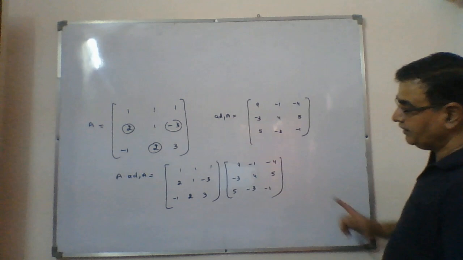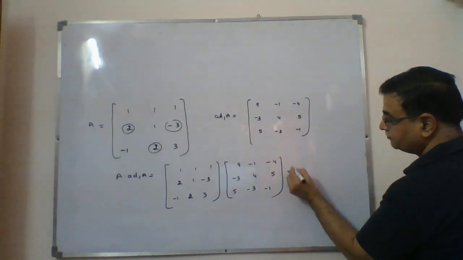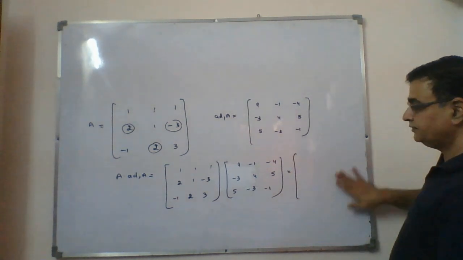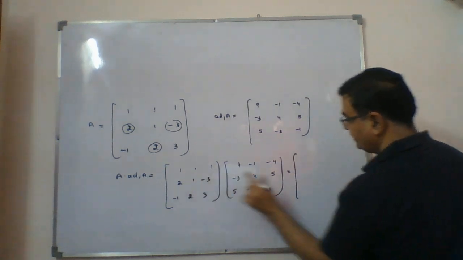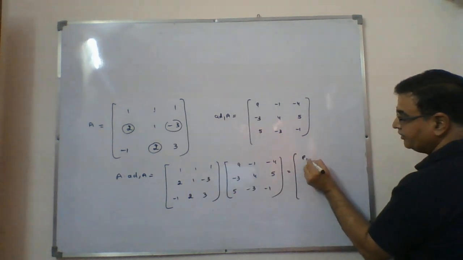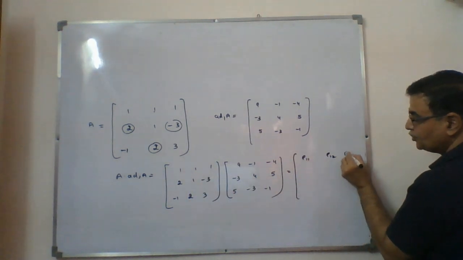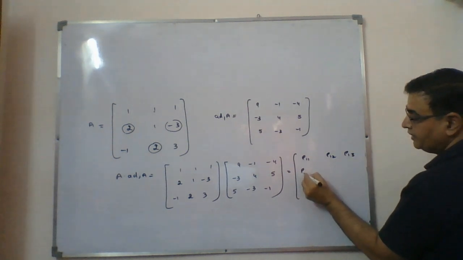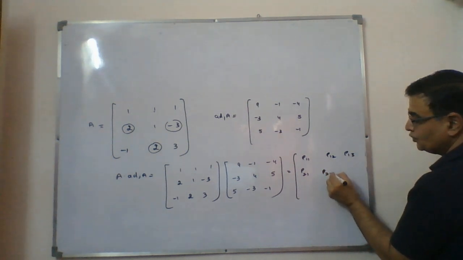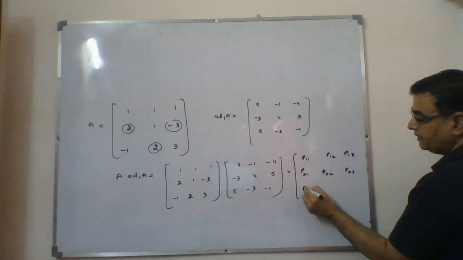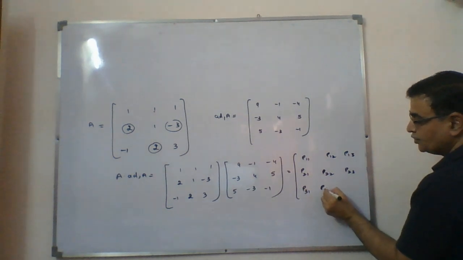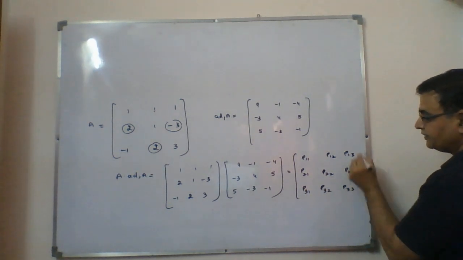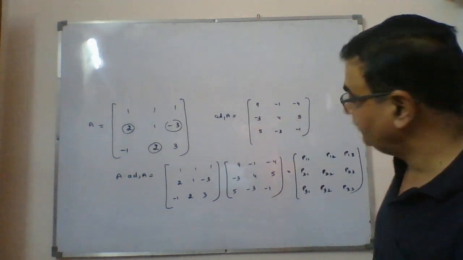Now when you multiply these two, just check what will come. The product matrix will be P11, P12, P13, P21, P22, P23, P31, P32 and P33. This is the product matrix we have.